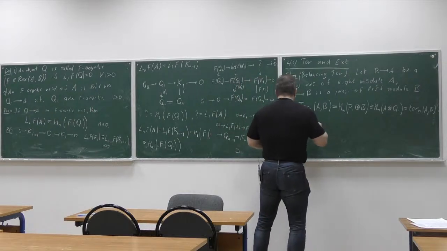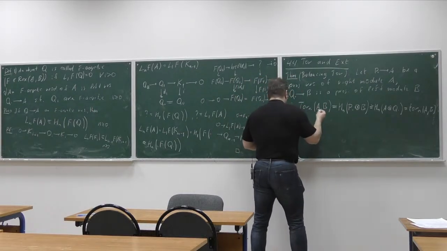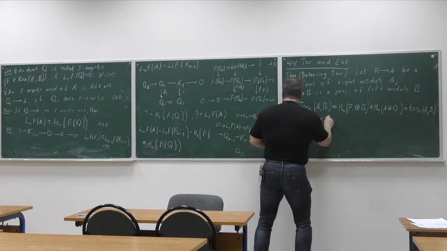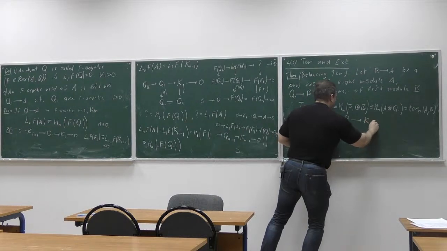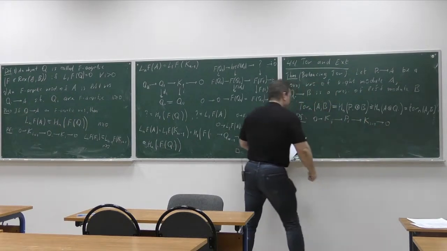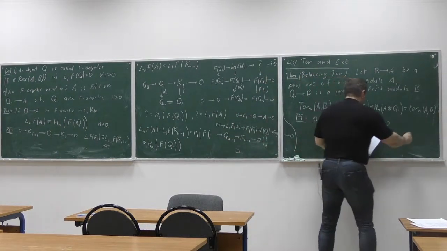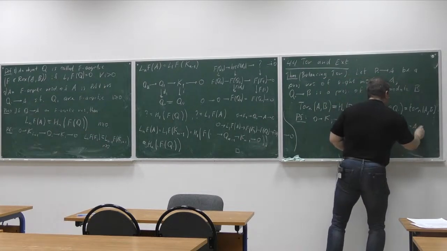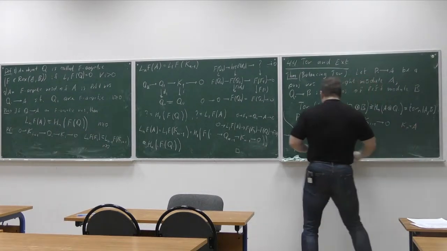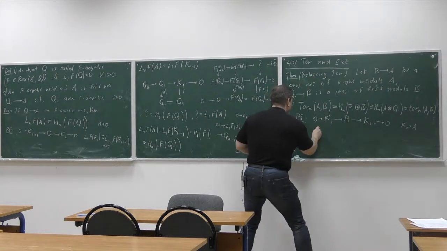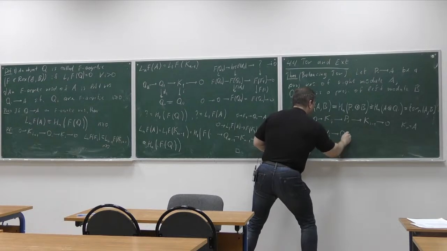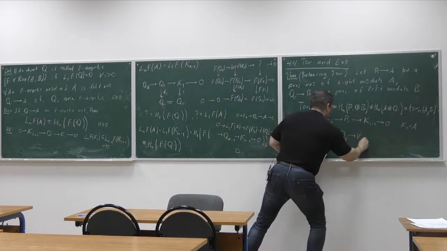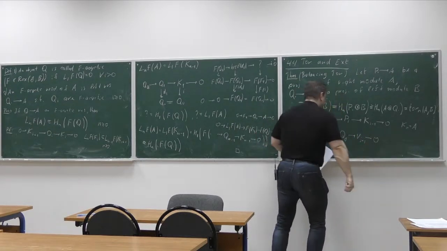Well, first of all, I introduce syzygy for both of the resolutions. 0, Ki mapped to the Pi mapped to the Ki minus 1, 0. This is one short exact sequence. Of course, I can assume that K0 is just A. And for the second resolution, I have 0, Vj mapped to the Qj mapped to the Vj minus 1, 0.